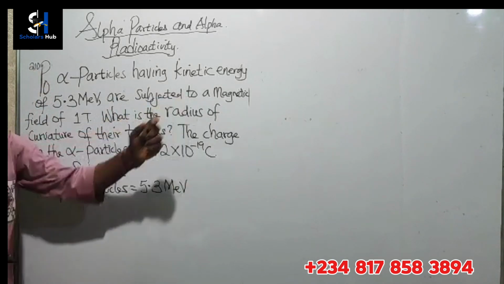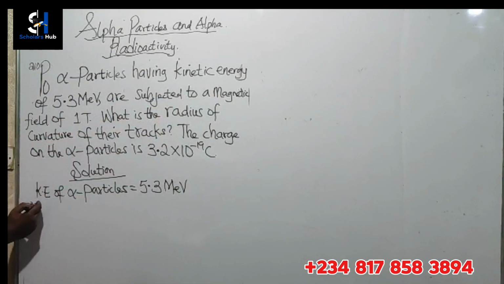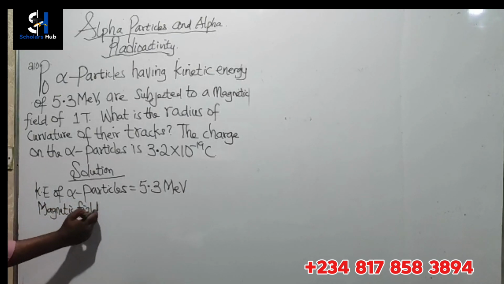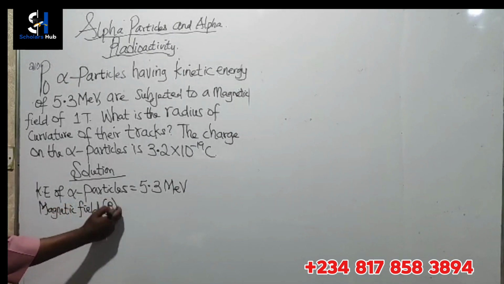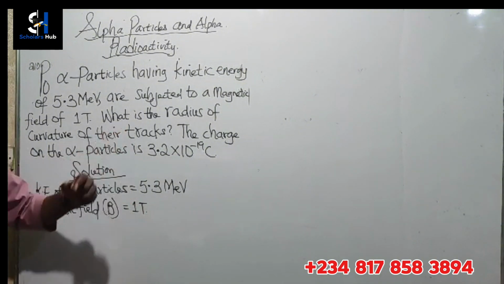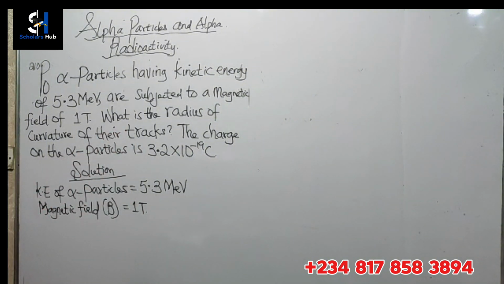They are subjected to a magnetic field, so we are given the magnetic field intensity, or the magnetic flux density, to be 1 Tesla. What is the radius of curvature of their tracks?